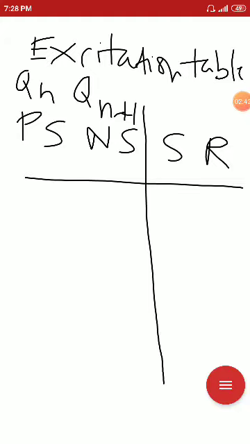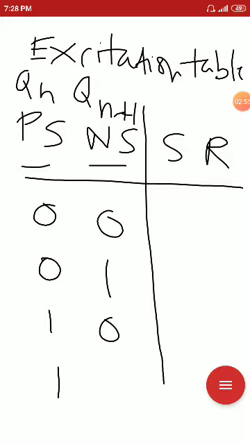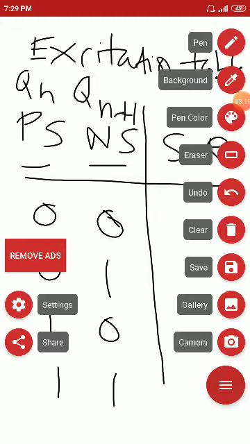Since there are two conditions, present state and next state, the different possible combinations are 0 0, 0 1, 1 0 and 1 1. Now you have to find the inputs for S and R depending on the present state 0 and next state 0.